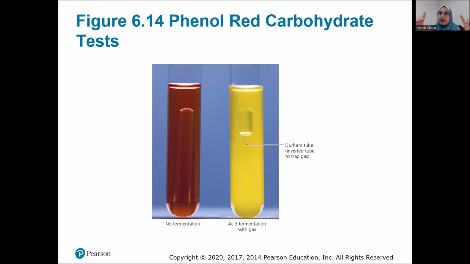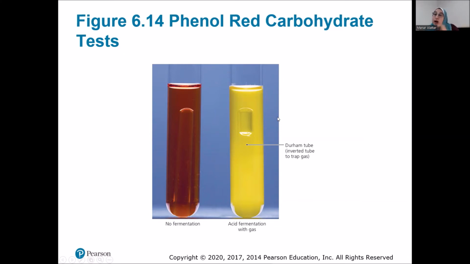And this is literally for each organism, you'll set up a series of like 5 or 6 tests. And each of these tubes that you see here has a different sugar in it as its base metabolite. And then when you culture your microorganism inside of it, if that organism metabolizes that sugar, you will see if there's acid produced because of the metabolization or fermentation of that sugar, then you'll see a color change to yellow because there's a pH indicator.